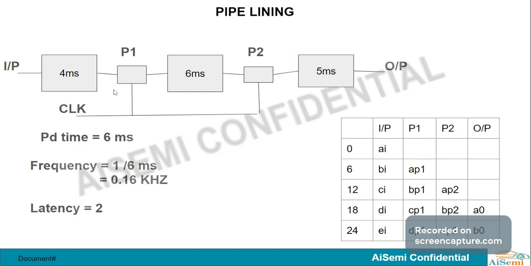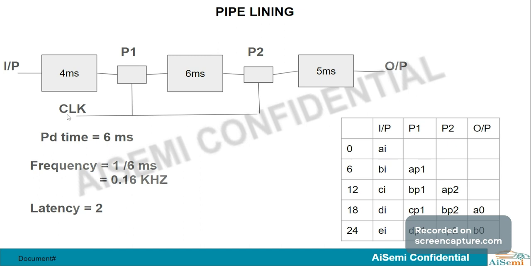That's why we take the worst case propagation delay. The worst case propagation delay means it takes the highest time. In this, 6 milliseconds is the highest time. That's why we will take the clock as 6 milliseconds. Every time we take 6 milliseconds, it will be easy to get the output.